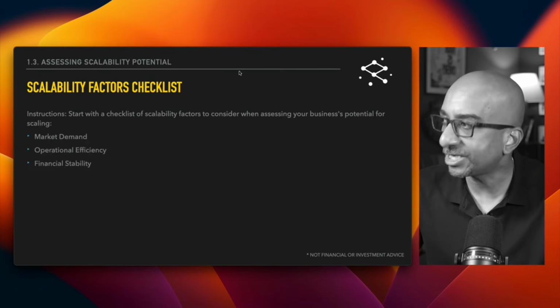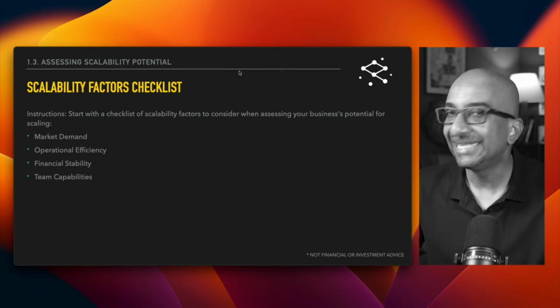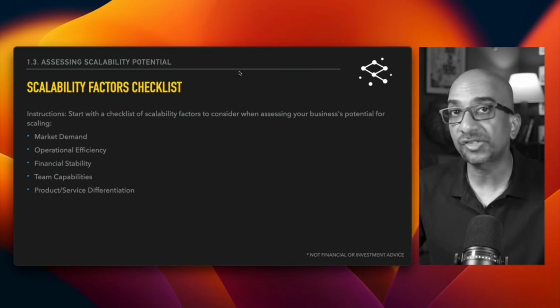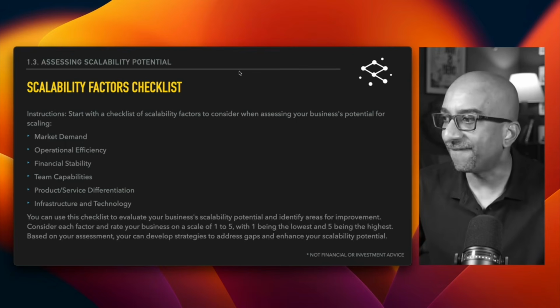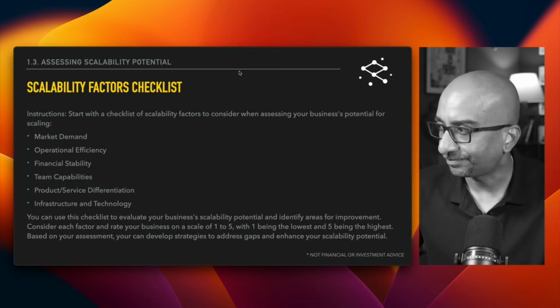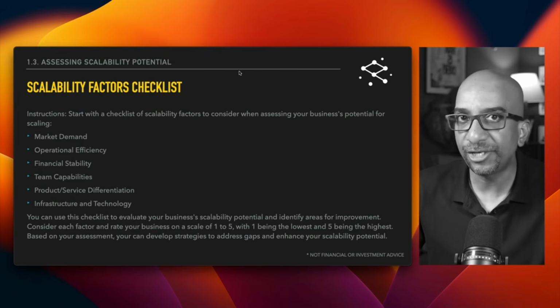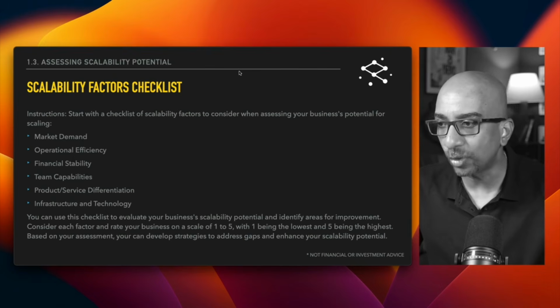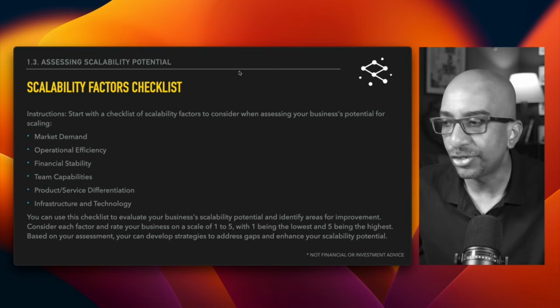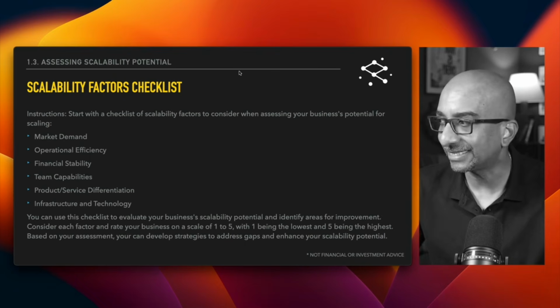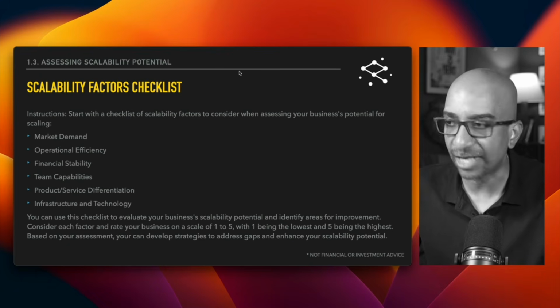Market demand, operational efficiency, financial stability, team capabilities, product service differentiation, infrastructure, and technology, right? So you can use all these to evaluate your scalability potential. Choose a factor and rate your business 1 to 5, 1 being the lowest and 5 being the highest. And then you can develop strategies to address gaps and enhance your scalability potential.